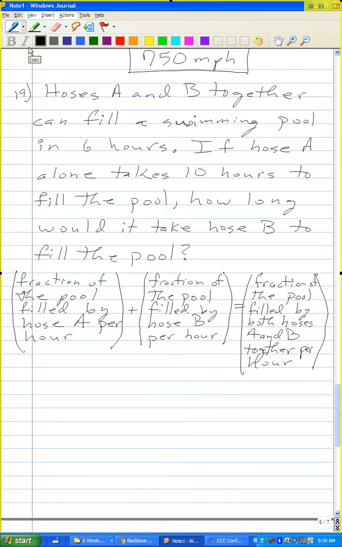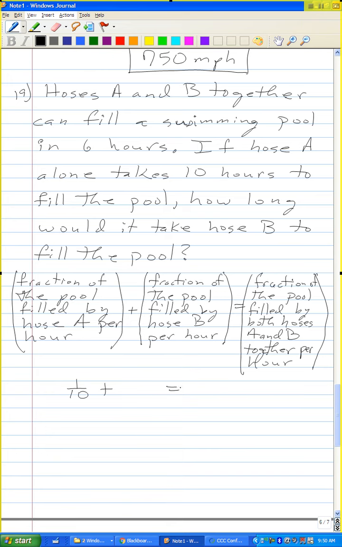Okay, so now let's do this. The fraction of the pool filled by hose A: well, hose A can fill the whole pool in 10 hours, therefore it can fill 1/10 of it per hour. Let's do the other side.